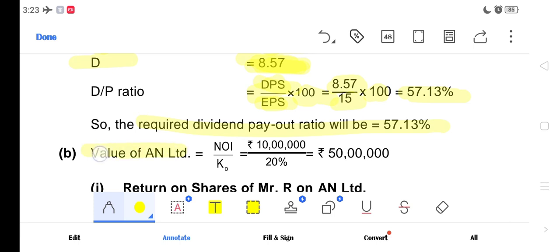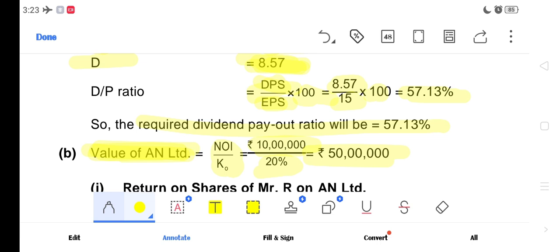See here, the value of the firm, which is AN Limited. Value of the firm formula: NOI by KO. NOI means earnings before interest and tax. So in the formula itself there is earnings before interest by KO. We get the value of the whole firm. NOI is 10 lakh divided by 20%, so the whole value of the firm is 50 lakhs.